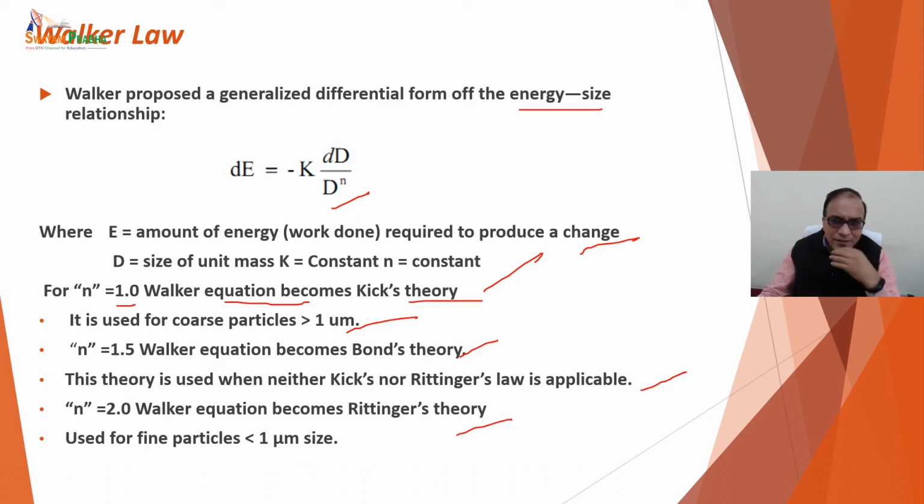So you can see that with the change in the value of n, if n is equal to 1, it is Kick's theory; if n is equal to 1.5, it is Bond's theory; if n is equal to 2, it becomes Rittinger's theory. It is used for fine particles less than 1 micron. This was all about the four laws which we have discussed.